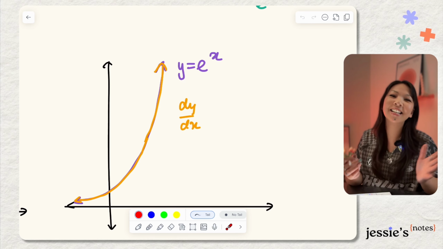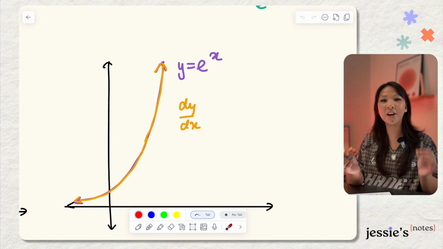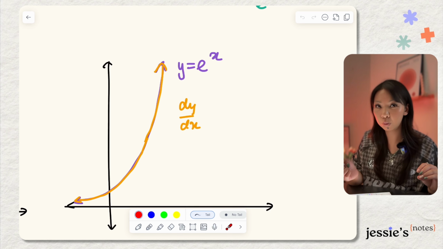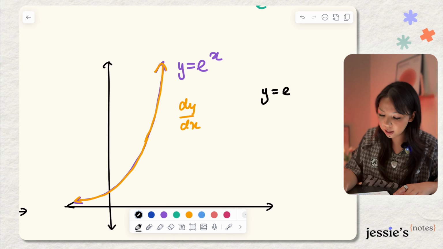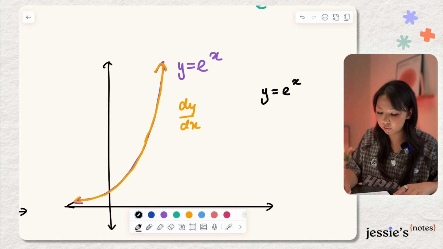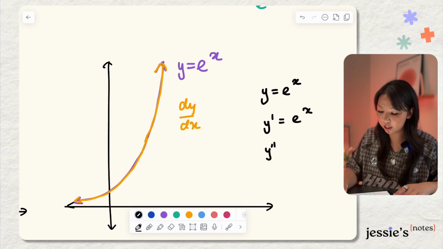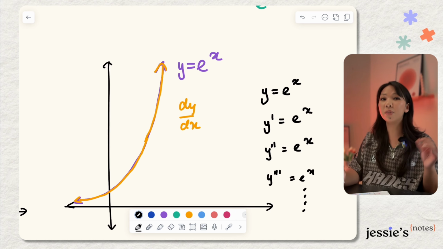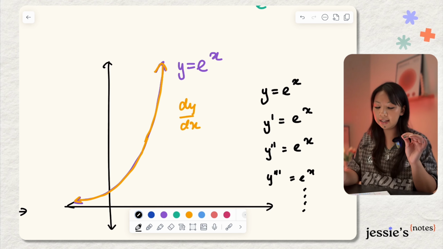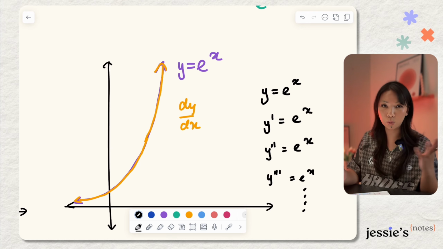Whoa, what? It's crazy, right? No other function in maths exhibits this property. So if I have y is equal to e to the x and the question asks you to differentiate it, you will get e to the x. And if you differentiate again, you get e to the x. And then again, e to the x, you get the idea. Very, very cool.